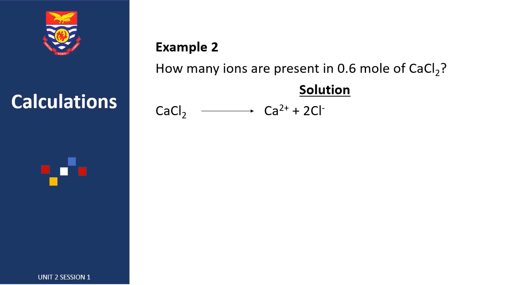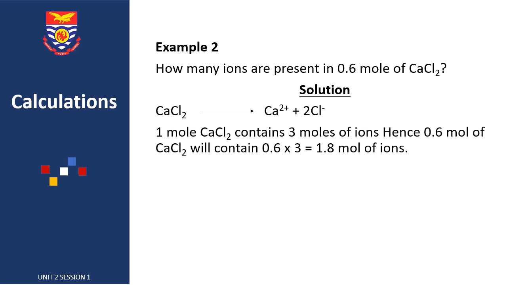Now, knowing this, then from this equation, 1 mole of calcium chloride is going to give us 3 moles of the ions. Remember, the question didn't specify a particular ion. So we are putting the 2 ions together. So 1 mole of calcium ion plus 2 moles of the chloride ions. That will give us 3 moles.